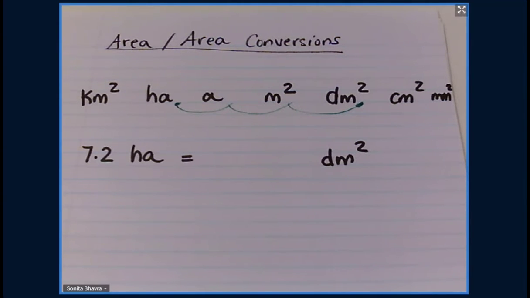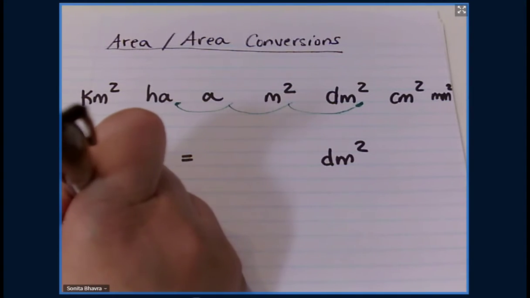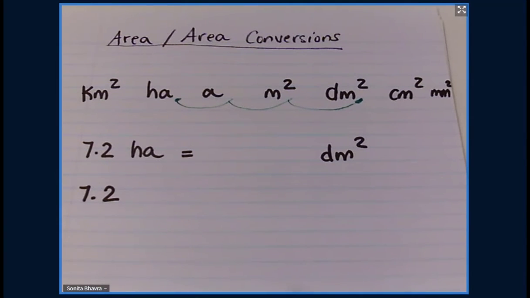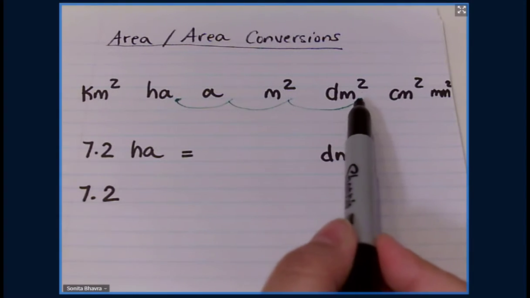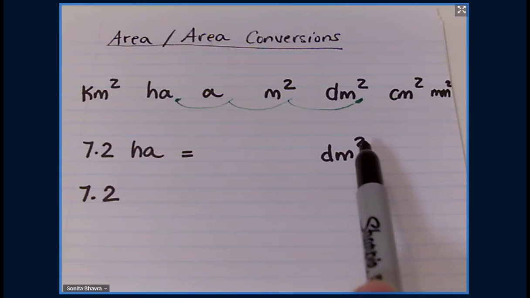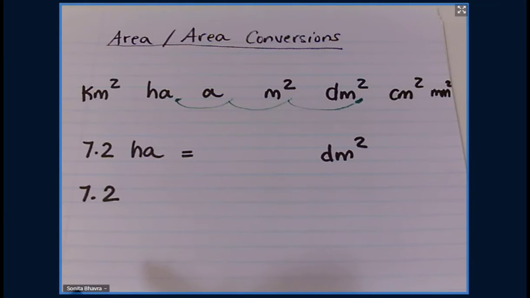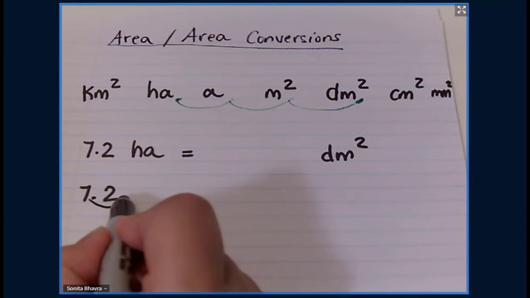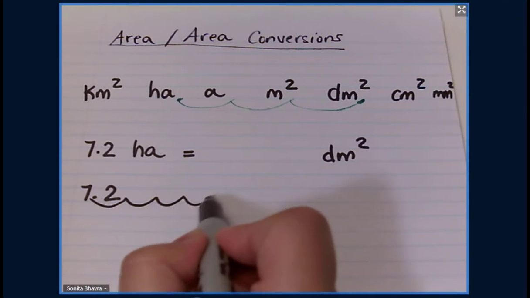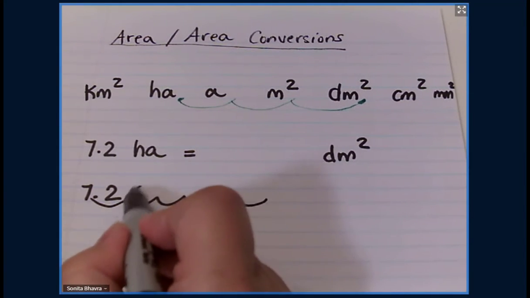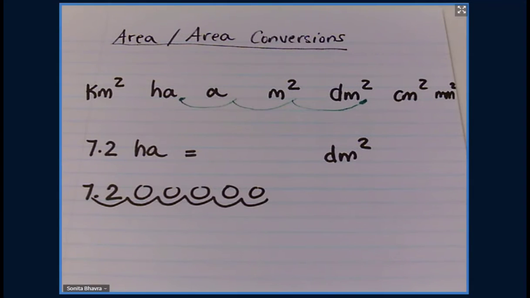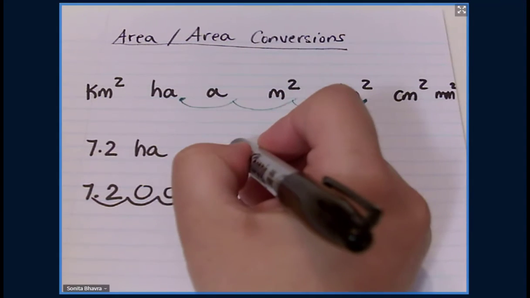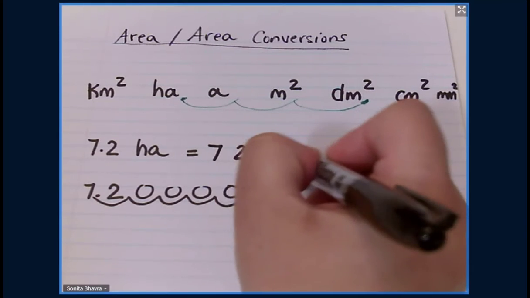So it'll become 6 decimal places. Okay, so when we do 7.2 and we're moving our decimal places, we're actually moving 6. You're doubling it because it's squared, it's area, so it's actually 6 decimal places. So 1, 2, 3, 4, 5, 6. And then we fill in those zeros. All right, so we get 7,200,000.